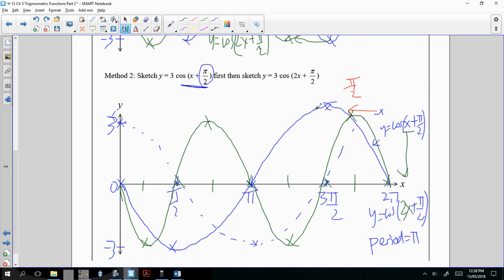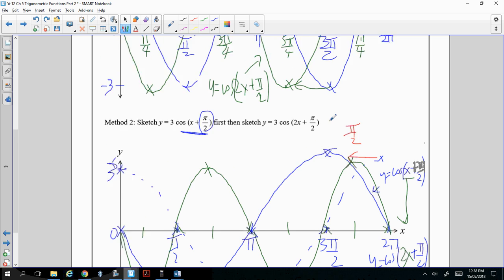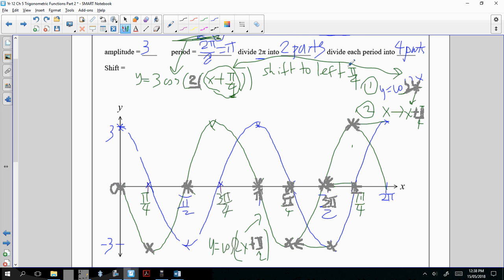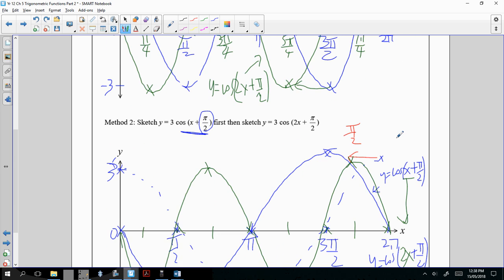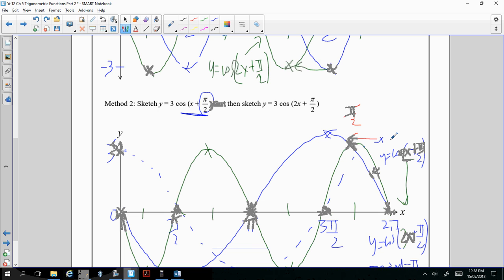So you either do the graph of 2x first, cos 2x, then do y equal to cos 2 bracket x plus pi on 4, or you can do y equal to cos x plus pi on 2, then do cos 2x plus pi on 2. So you can only do one of the two ways.